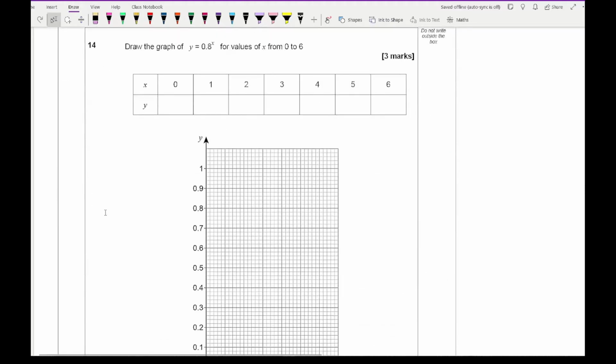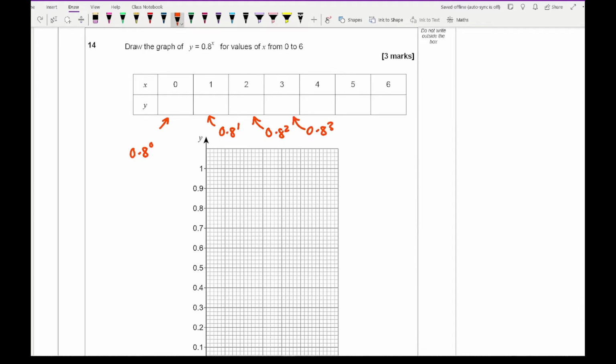So for question 14, it says draw the graph of y equals 0.8 to the power of x for the values of x between 0 and 6. So what we need to do is just substitute x of these numbers into this formula. So this number here is going to be 0.8 to the power of 0. This is going to be 0.8 to the power of 1. This number is 0.8 to the power of 2. That's going to be 0.8 to the power of 3, and so on.